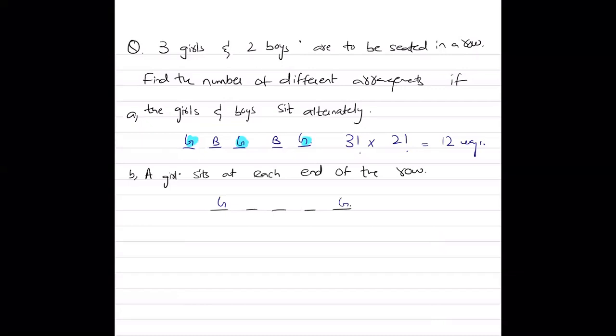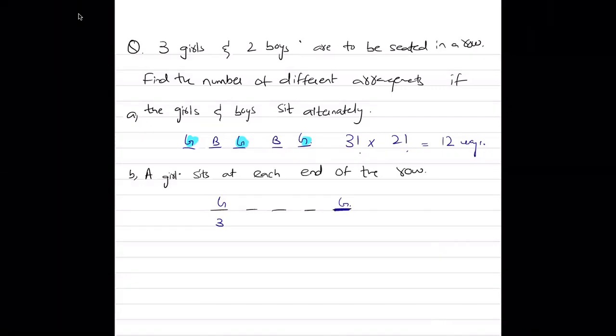So how many options do the girls have for the first position? 3. Very good. If one of the girls sits at the first position, then how many options do the other two girls have for the last position?